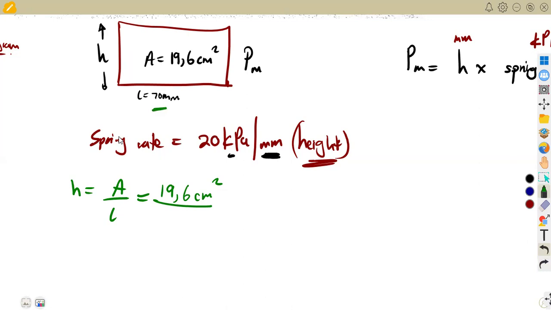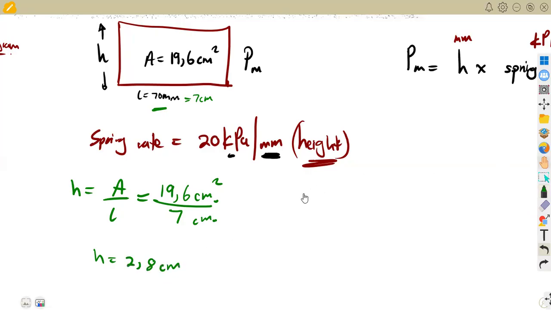You are used to that. How do we change this to centimeters? Just divide by 10. So this is 7 centimeters. So H, this is square centimeters, this is centimeters. If we divide, our answer is going to be in centimeters, square units divided by centimeters. So our answer is going to be in centimeters, which is 2.8 centimeters.